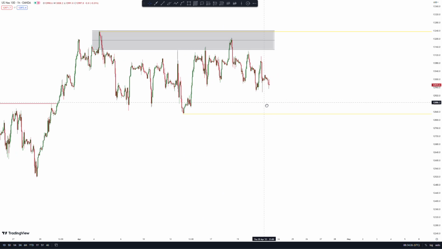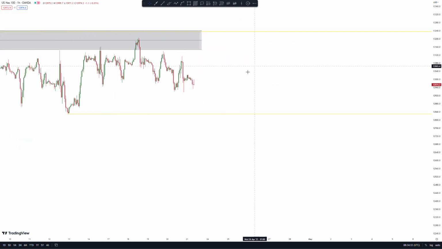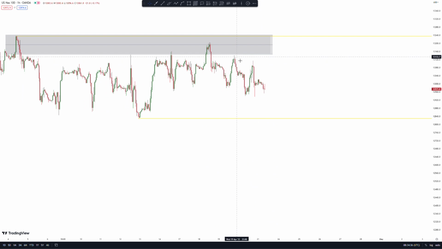So on 1 hour, guys, the price came and hit 50% and it dropped and it came back to this area. I don't know, but yeah, it came back to this area, then it dropped again.